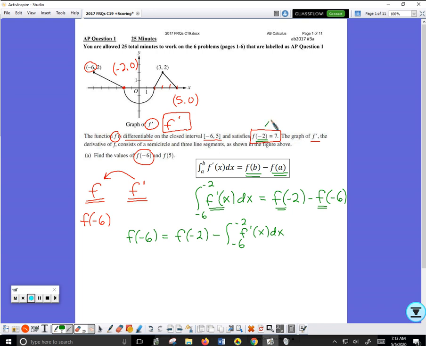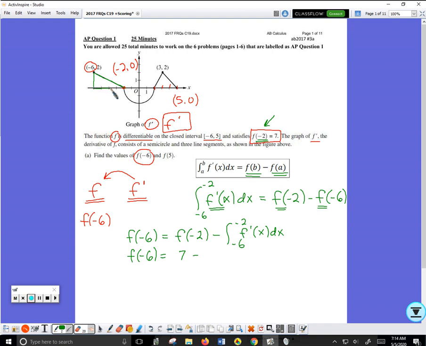F of -2 is right here. That's 7. So f of -6 is going to equal 7 subtract the integral of f prime. So I start over here at -6. I integrate to -2. So all of these values of f prime are positive.